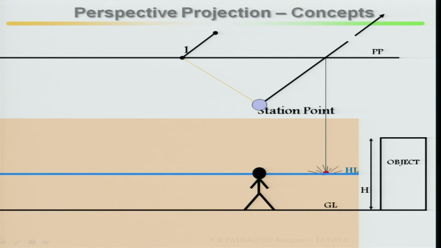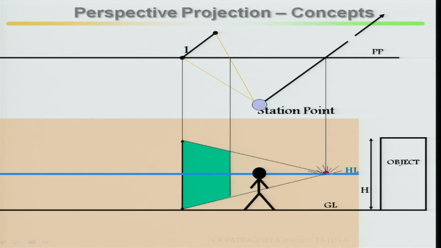From the station point draw a line parallel to your object line, then from this intercept find your vanishing point. Then you draw how your object looks, then the second object at point 2. Basically, this is an example of how it varies from the station point, from 1, 2, 3, 4, 5.